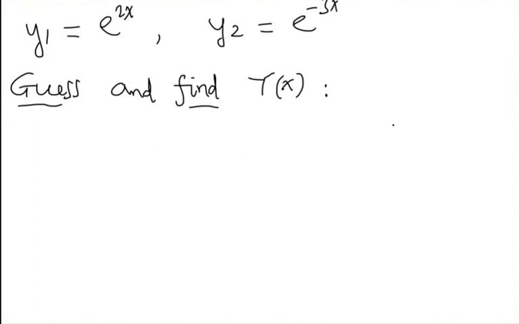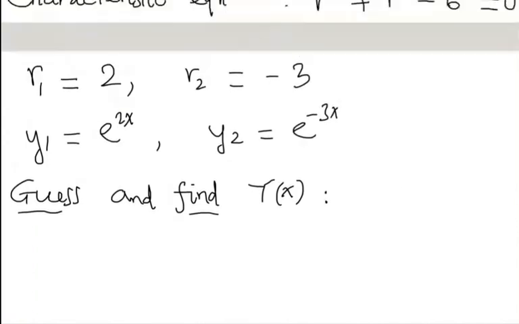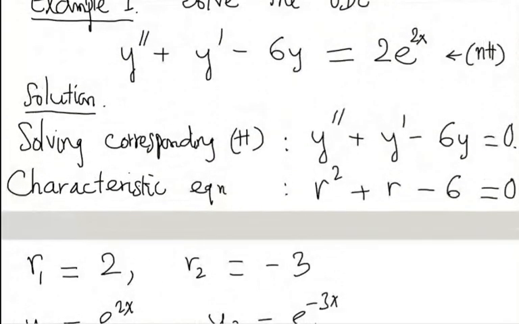So how do we guess this capital Y right here? Let's look at our g again. This is g of x. This is a constant multiple of the exponential e to 2x. It's twice the exponential e to 2x.